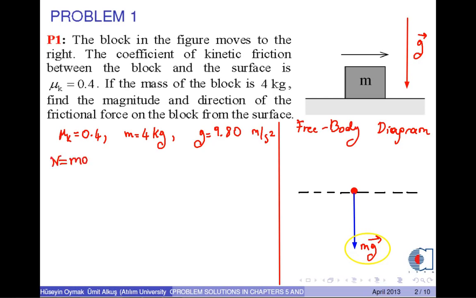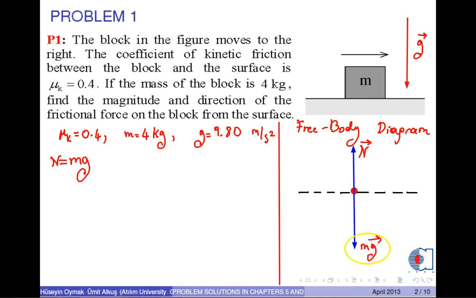Then, the magnitude of the normal force, which is denoted by capital N, is m times g. It is antiparallel to the net force in the downward direction, that is, the normal force is in the upward direction.